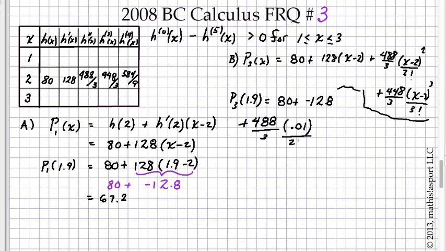And that's over 2 factorial. And then finally we have 448 over 3 times negative 0.001. This is just negative 0.1 cubed. And that is over 3 factorial.